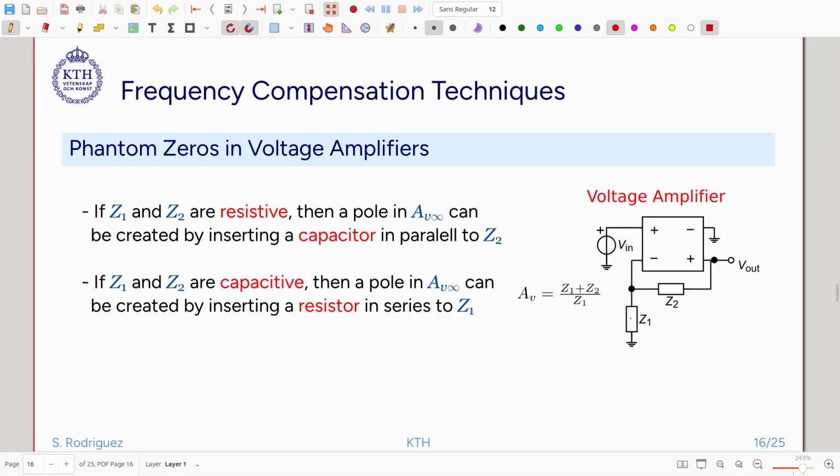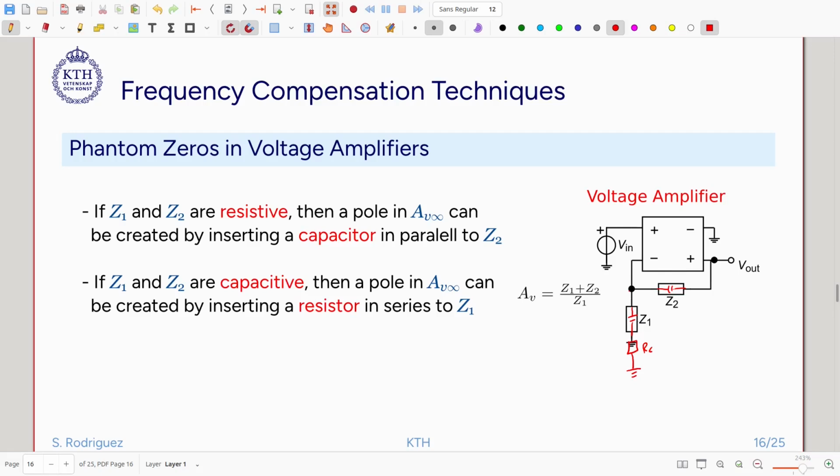If the impedances are capacitive, then a pole in the asymptotic gain can be created by inserting a resistor in series. So if this is a capacitor and this is a capacitor, then I can introduce a resistor here, for compensation, in order to create a pole in the asymptotic gain, and that will become a zero in the loop gain.